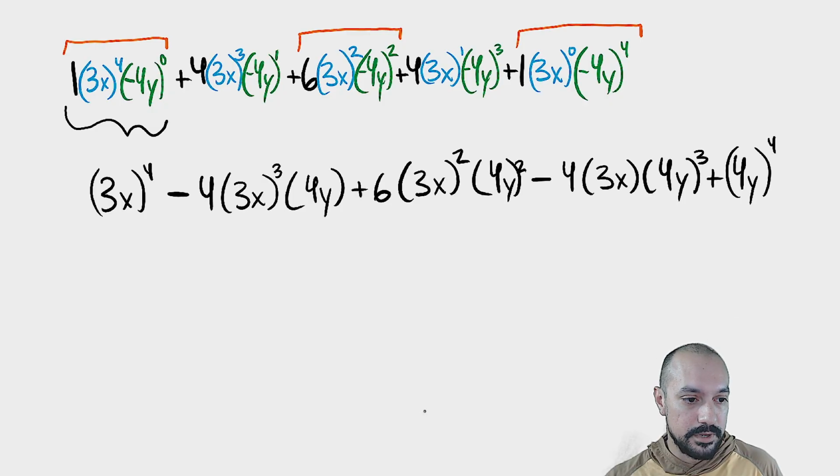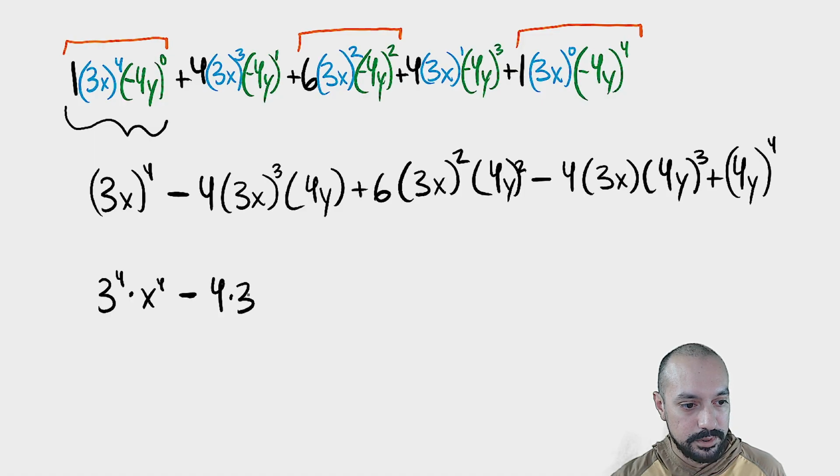All right, from here, I'm going to separate the numbers and the variables. So I get 3 to the fourth times x to the fourth, minus, here I'm going to get 4 times 3 to the third times 4 times x to the third y.